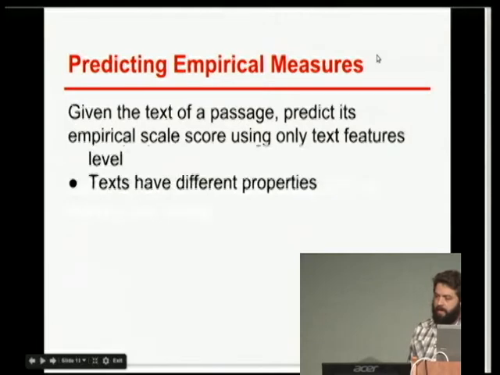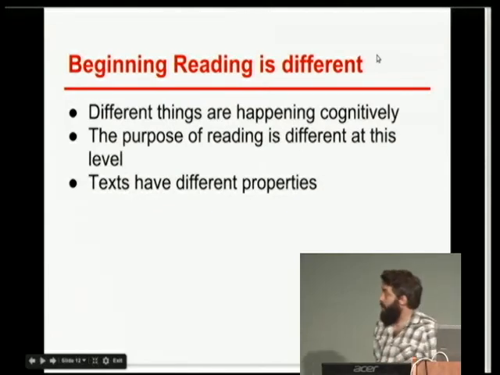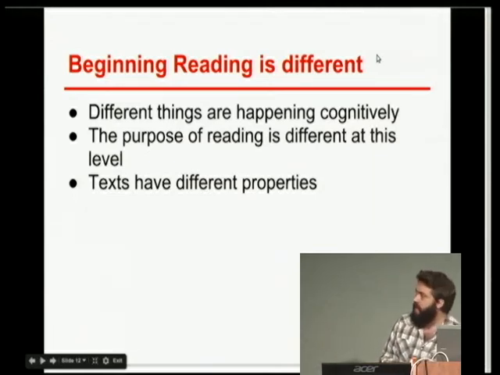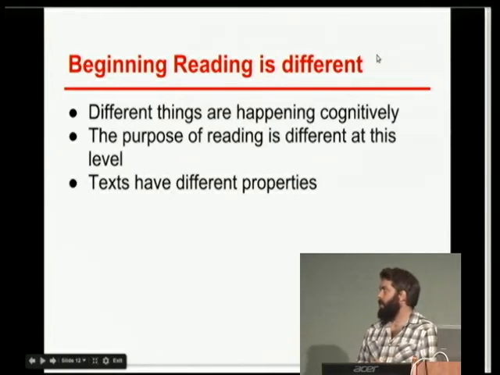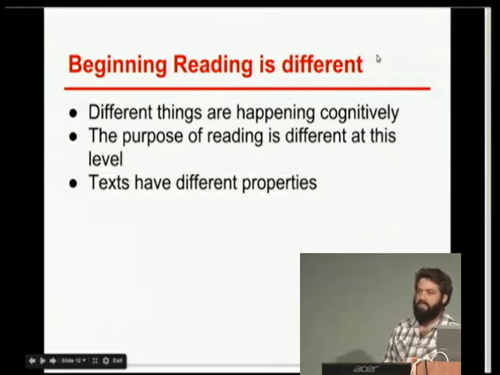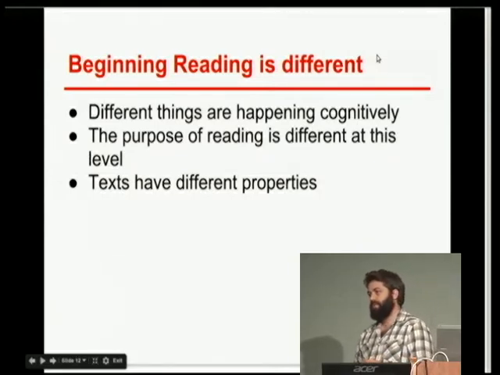Now I'll tell you a little bit about how we did our modeling. We have essentially talked about the measurement piece of our project, and now we're going to talk about the modeling. There were a few guiding principles that we tried to keep in mind as we developed our text features. The first is that beginning reading is different, and it's different for a couple of reasons.